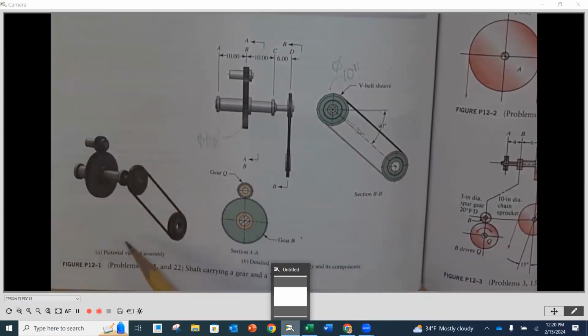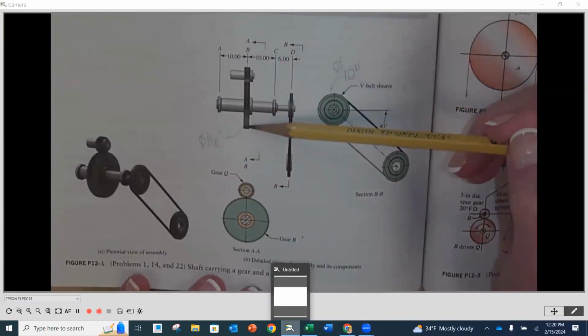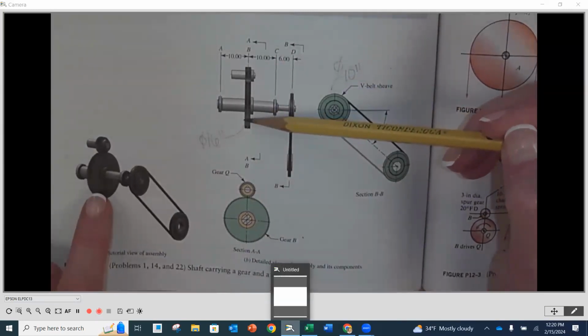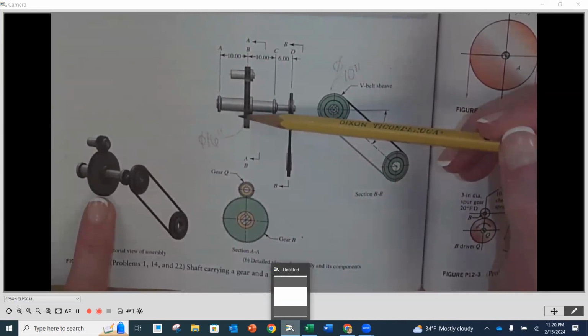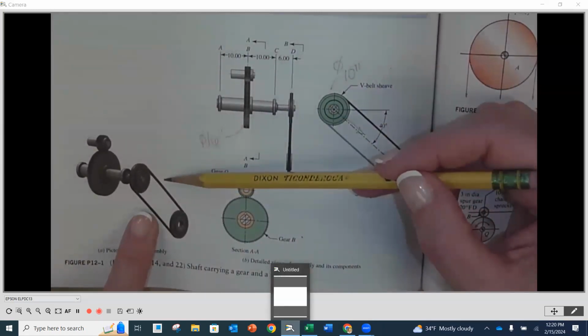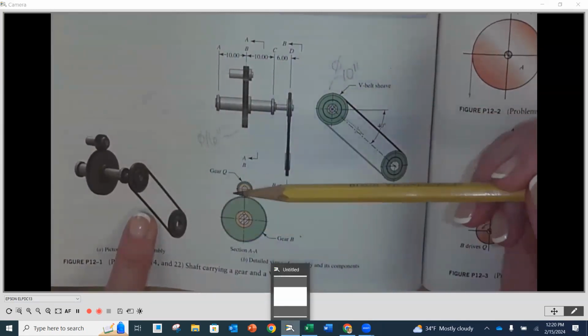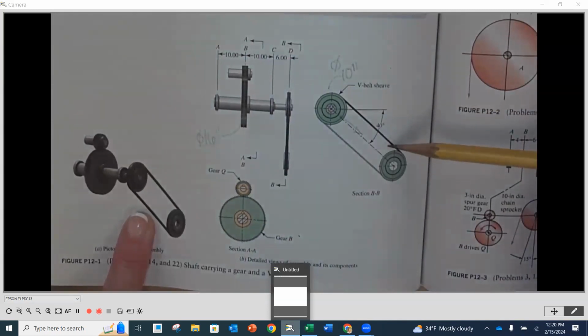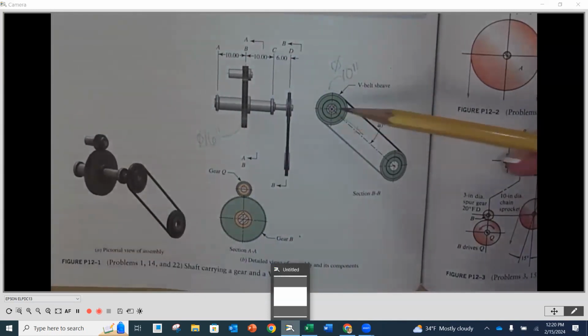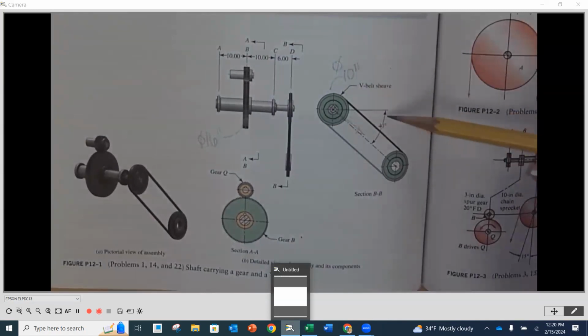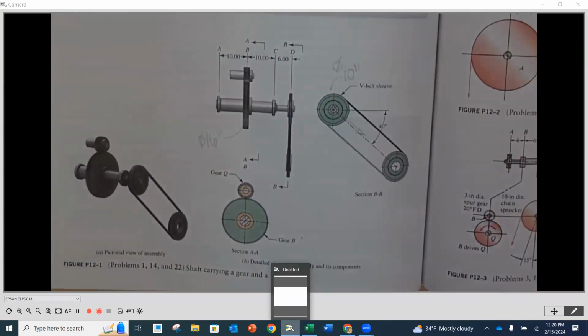You can see a pictorial down here, so our shaft is running through here. The gear at B that's on the shaft is this gear right here. The sheave that they're talking about at D rotates and goes back, so we show it in this orientation and in that orientation. This would be the right side view, and it's at a 40-degree angle from horizontal.